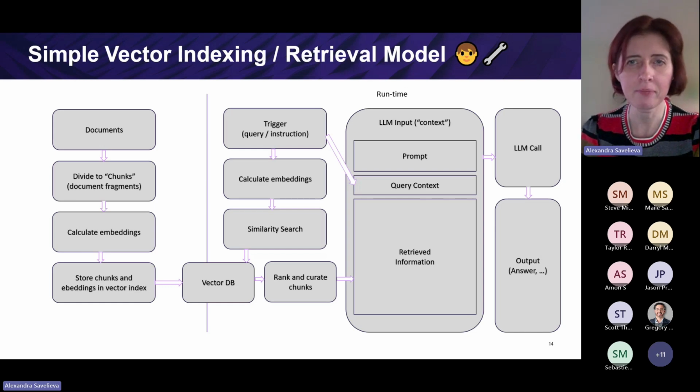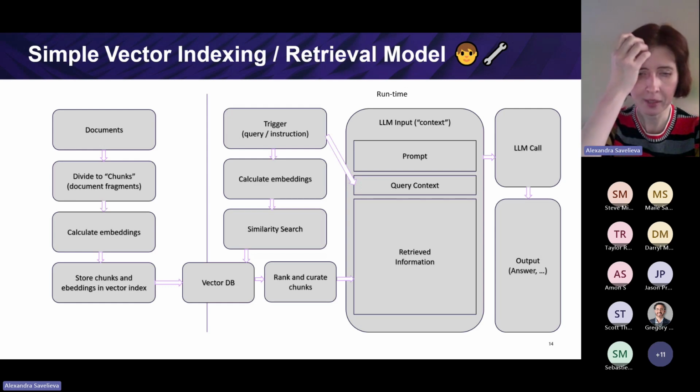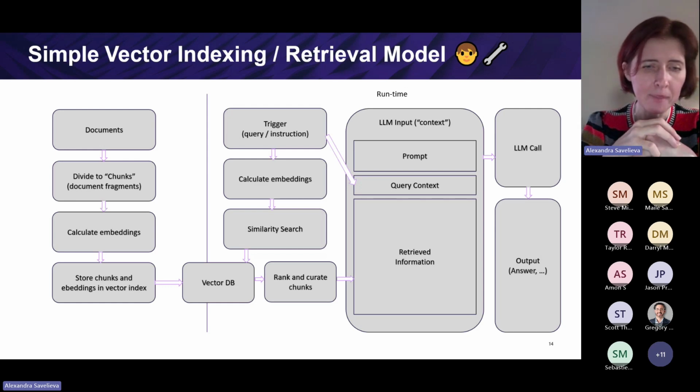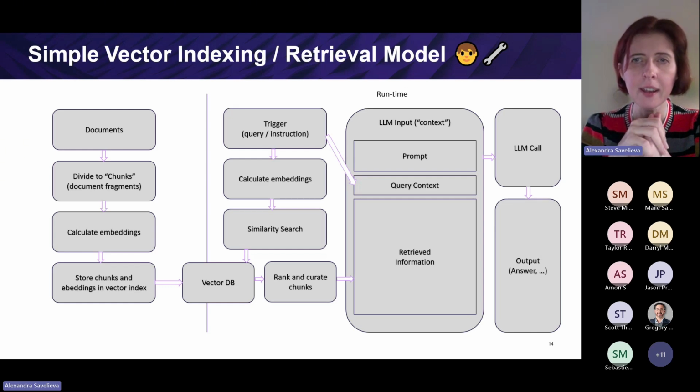But that's not the biggest reason why we have this vector database. There are two things. One is, as you probably know, LLMs are very expensive to train, right? So even fine-tuning itself does take a substantial amount of GPU power and therefore money.